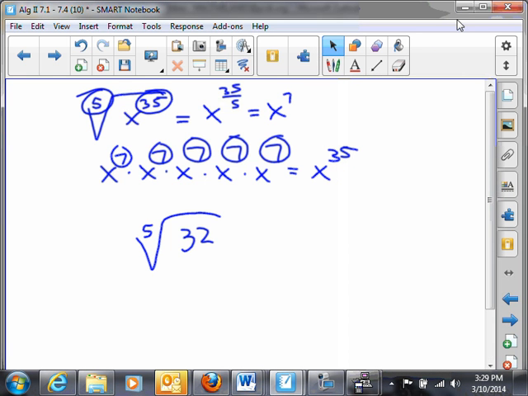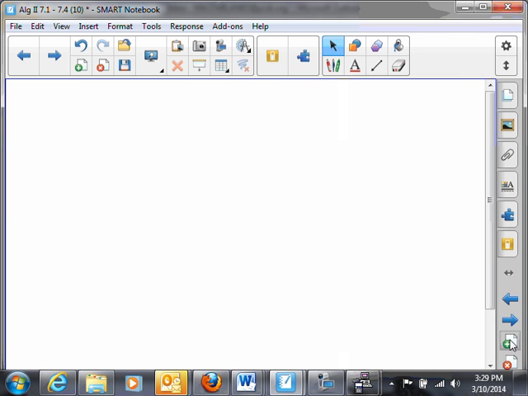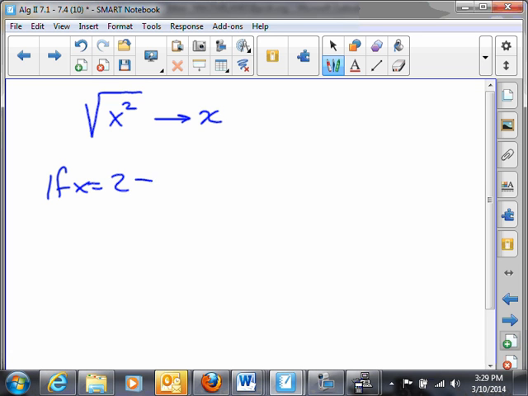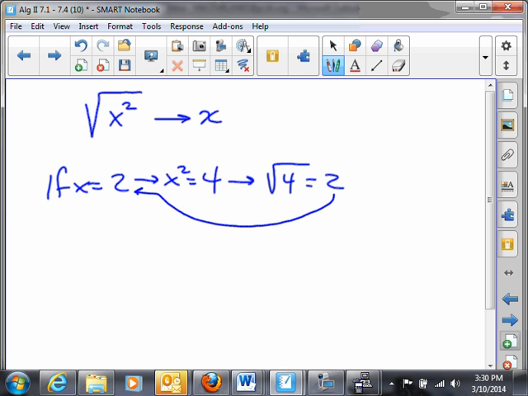Now there's one other thing that we do need to discuss, and that's the concept of variables underneath a radical. If I have something like the square root of x squared, and I say that's equal to x, that might not necessarily be true, because if x is 2, then x squared would be 4, and the square root of 4 would be 2, so it does work in that particular case, right?